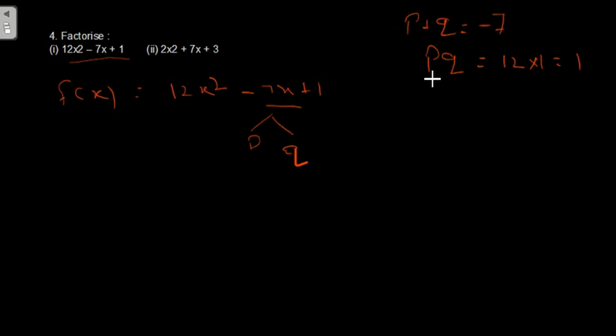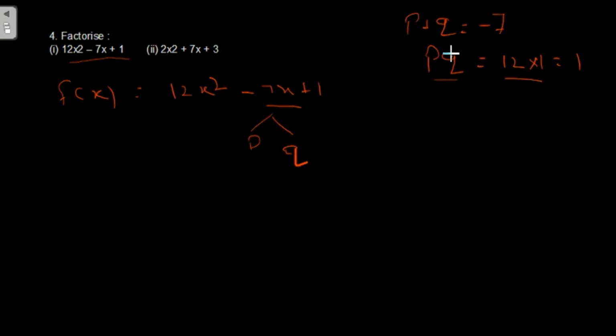So one thing you can clearly see here is that when we multiply these two, this is equal to the multiplication of this 12 and 1. So p and q will anyhow be factors of this 12.